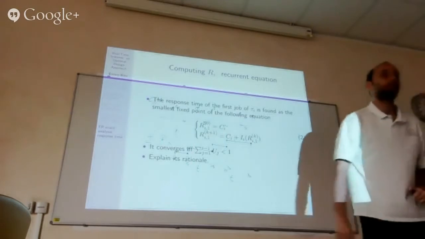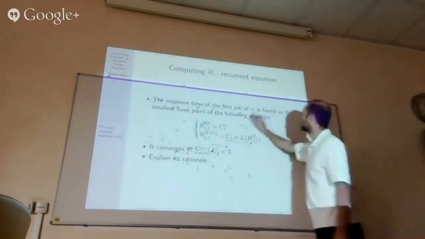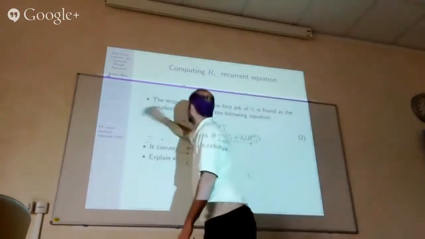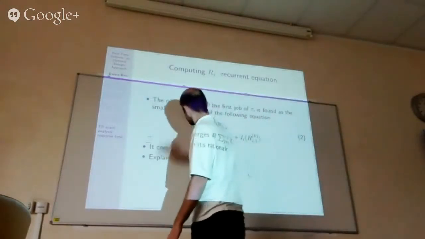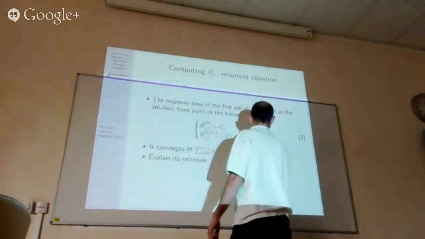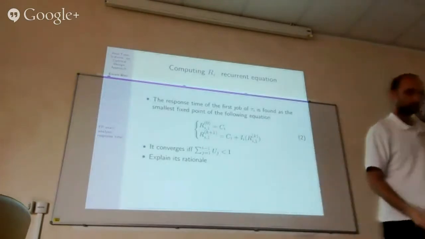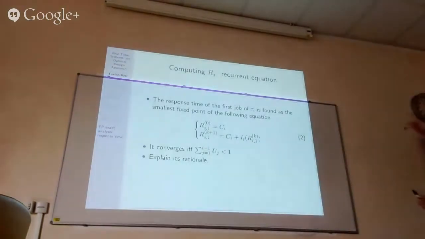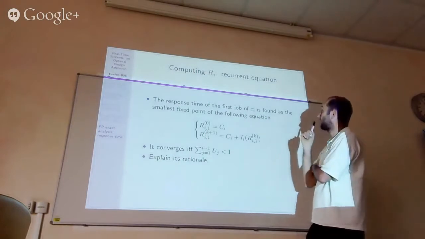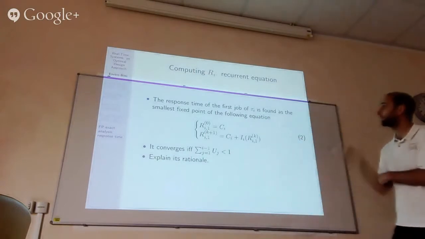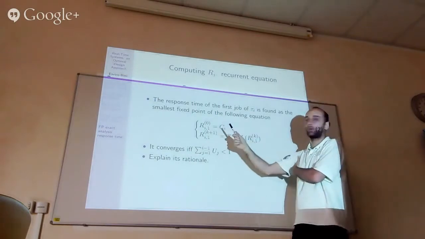How do we compute the response time once we have this interference? We compute it in this way. The response time of the first job of tau i is found as the smallest fixed point of the following iterative equation.